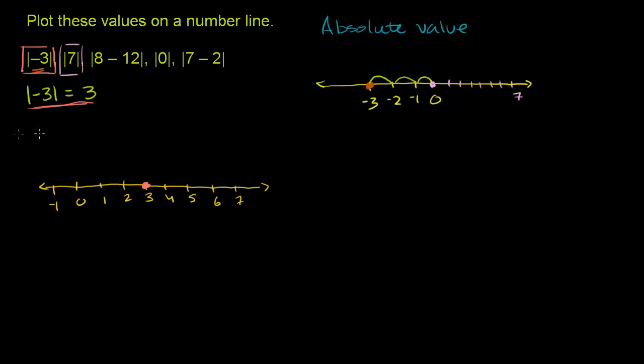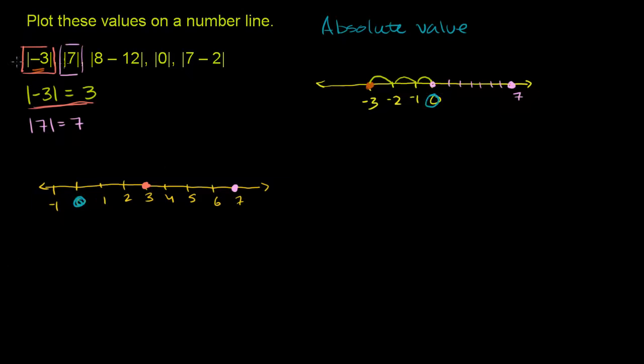So the absolute value of 7 is equal to 7. So you already see the pattern there. If it's negative, it just becomes positive. If it's already positive, it just equals itself. So plotting this value, we'll just place it right over there. So the absolute value of 7 is 7. Absolute value of -3 is +3. Let me mark out the 0 a little bit better so you see relative to 0.